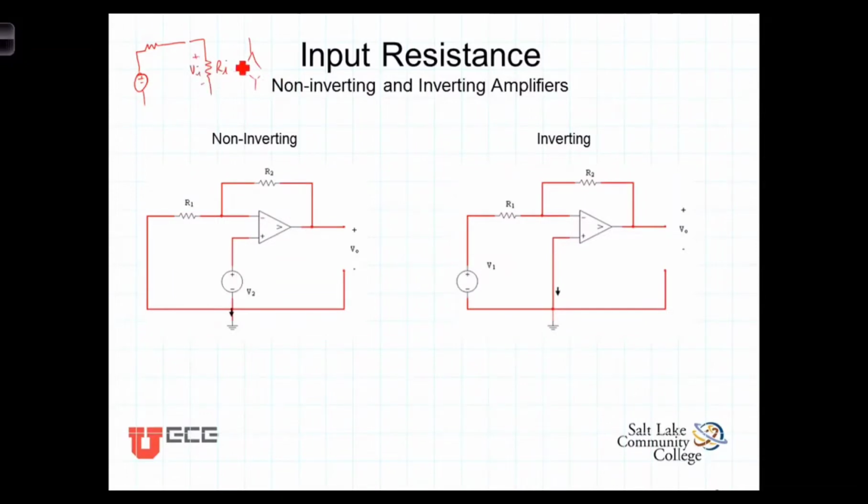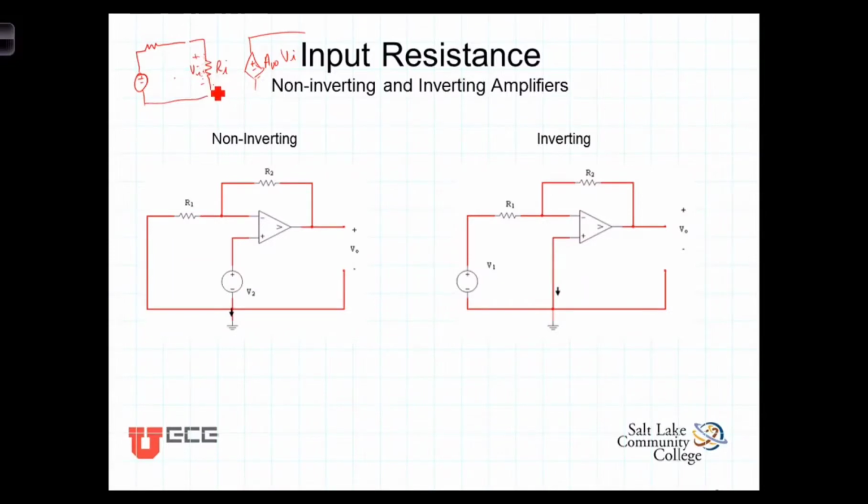If this is Vin, the output is some scaled Av0 times Vin. So between the source resistance and the input resistance of the amplifier, we've got a voltage divider. In order to make this voltage a significant portion of the source voltage, we want the input resistance to be significantly larger than the source resistance. In fact, ideally, this input resistance would be infinite.